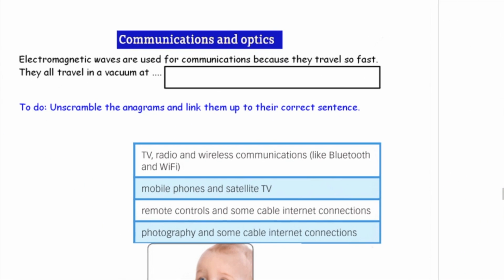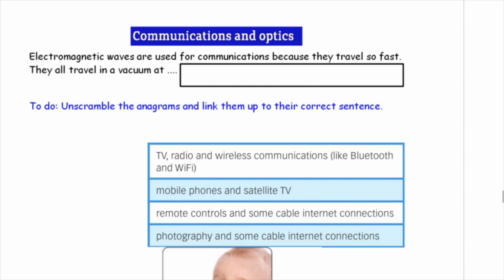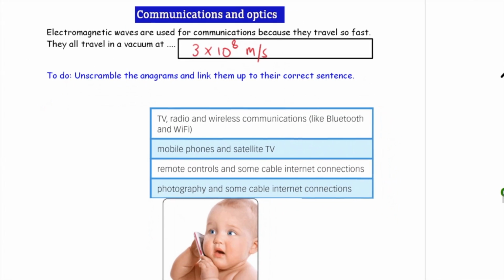Moving on, communications and optics. Electromagnetic waves are used for communications because they travel so fast. They all travel in a vacuum, remember, at 300 million meters per second. Right, to do: unscramble the anagrams and link them to the correct sentence.